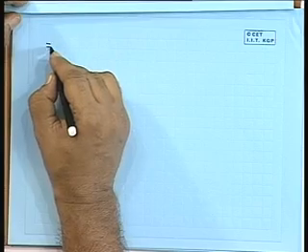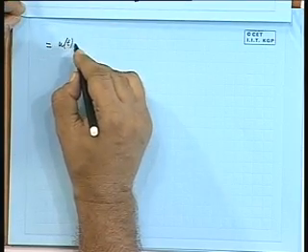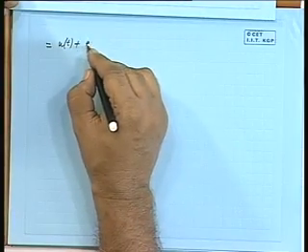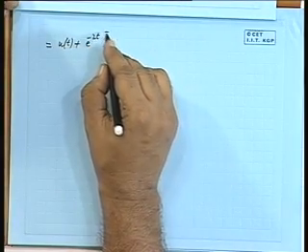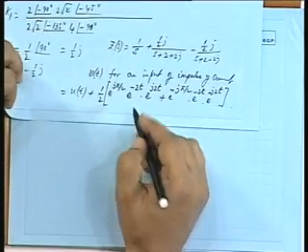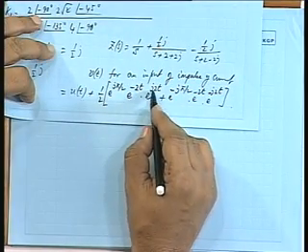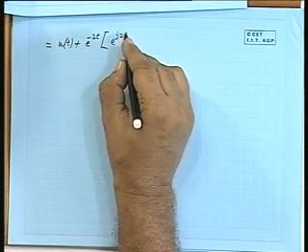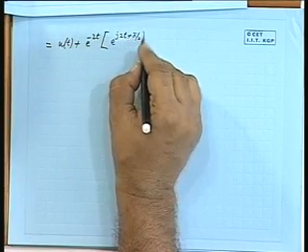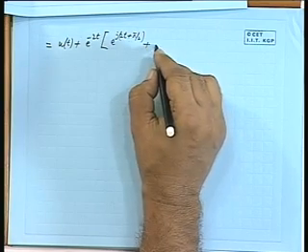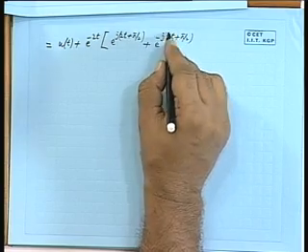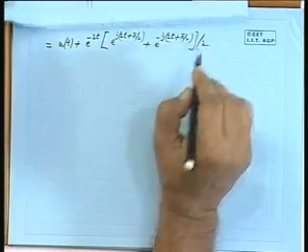Okay. So what will be the net value? Ut plus e to the power minus 2t can be taken out. You have got e to the power j 2t plus pi by 2 plus e to the power minus j 2t plus pi by 2, is it not, divided by 2.